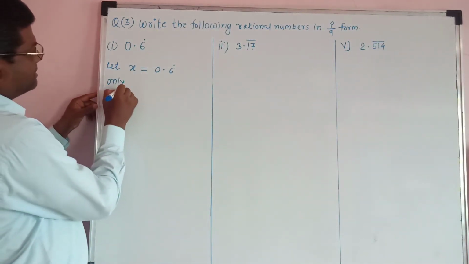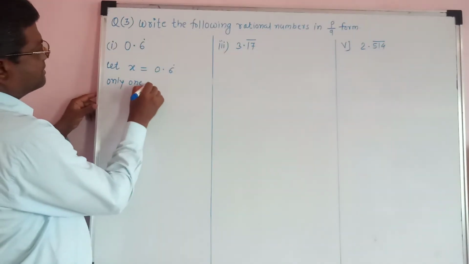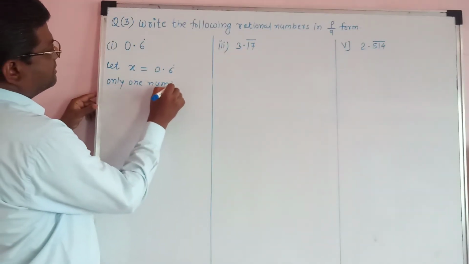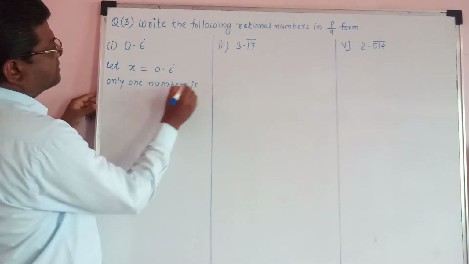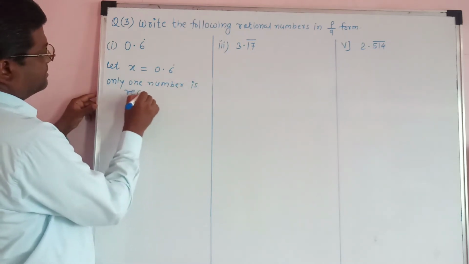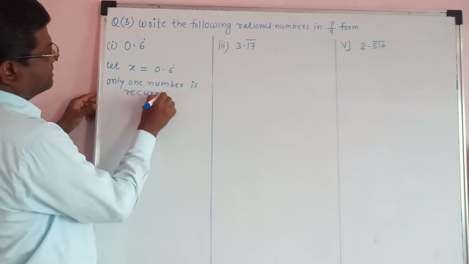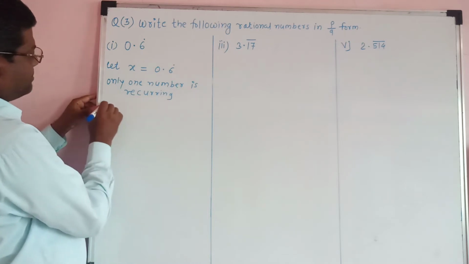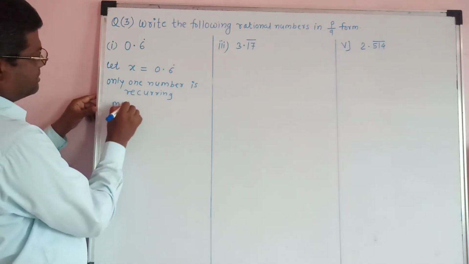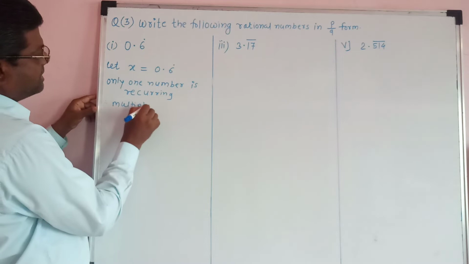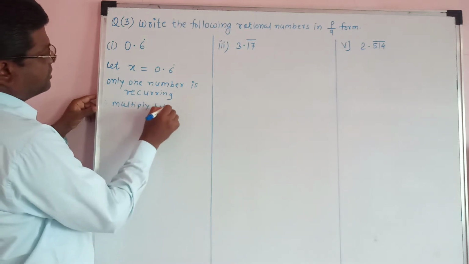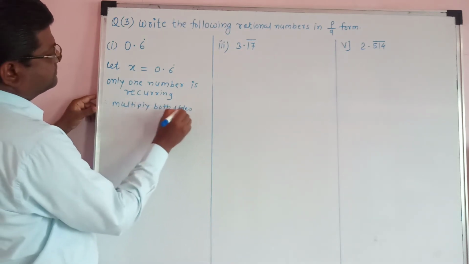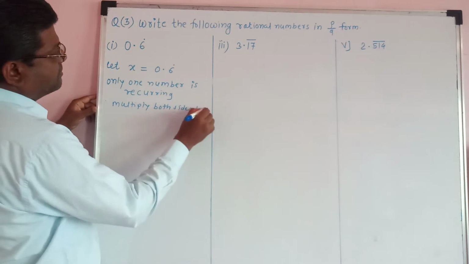Only one number is recurring. Therefore, multiply both sides by 10.